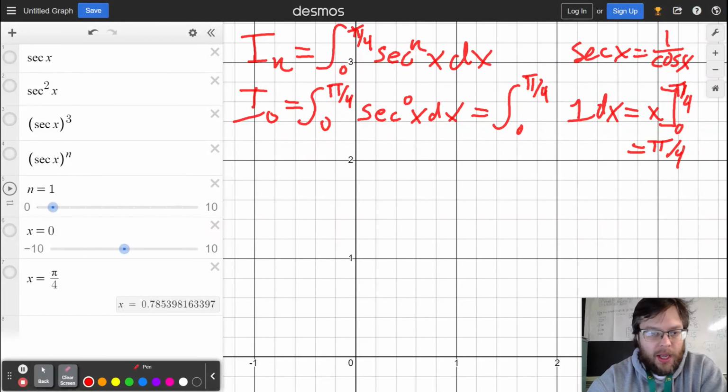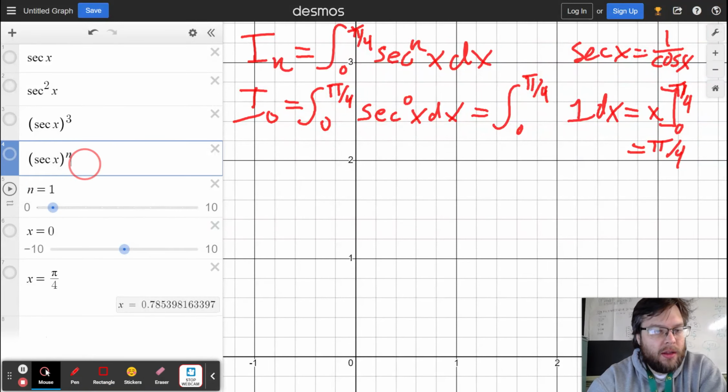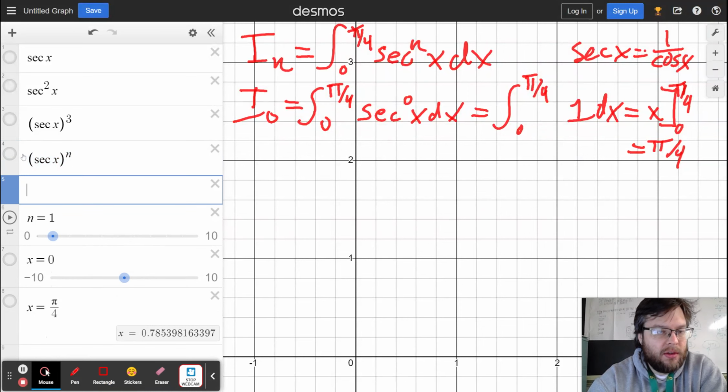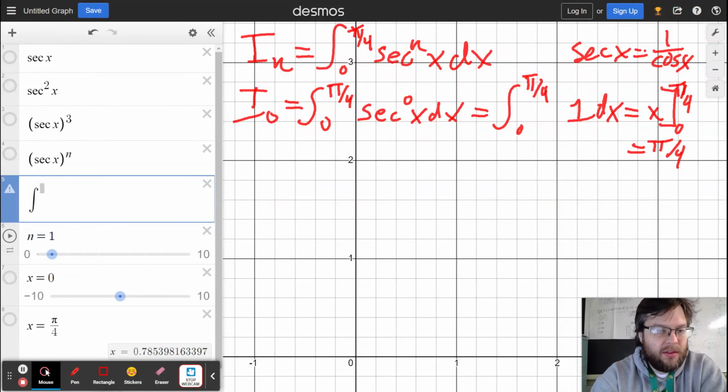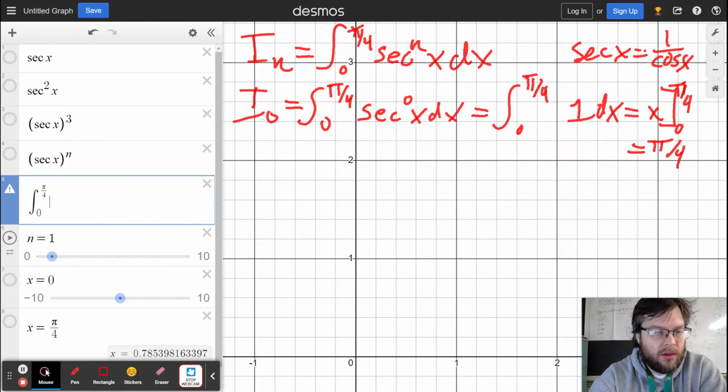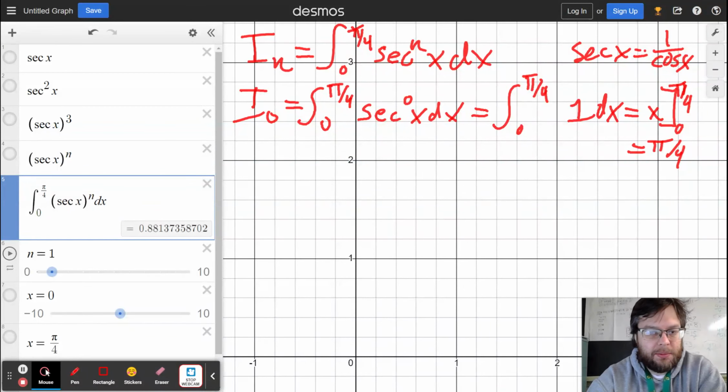Okay? And so if I went through here and then I copied this answer down and I asked to do the integral from 0, oops, come on, there we go, to pi over 4 of that dx. It tells me it's 0.884.